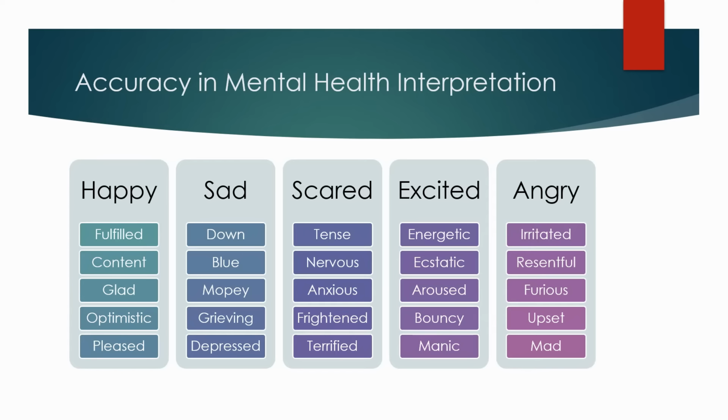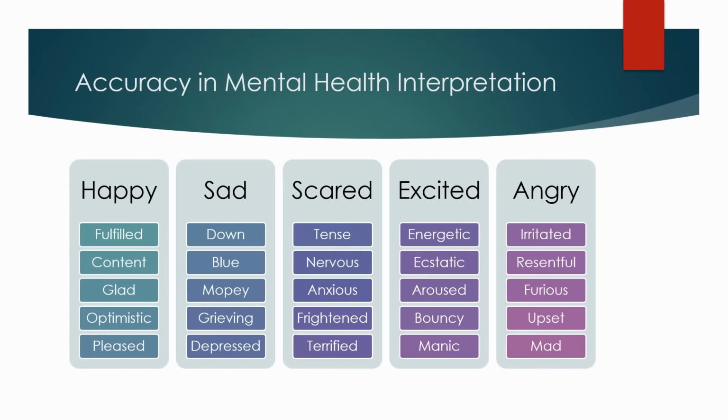So fulfilled versus content, mopey versus depressed, tense versus frightened, energetic versus manic, irritated versus furious. Those are all different things. They generally fall under these umbrellas of happy, sad, scared, excited, angry, but there are small, minute differences between these.